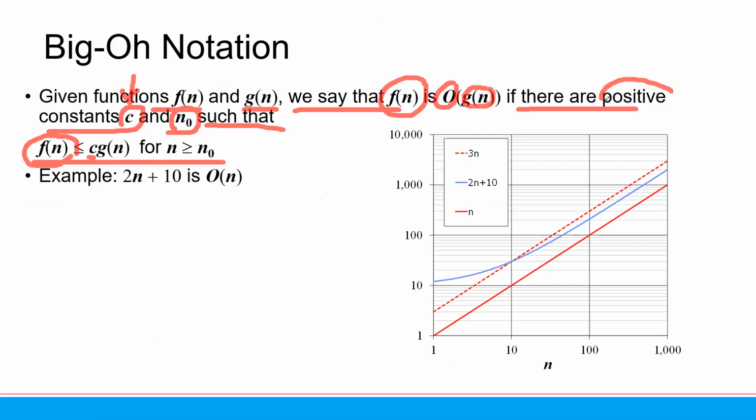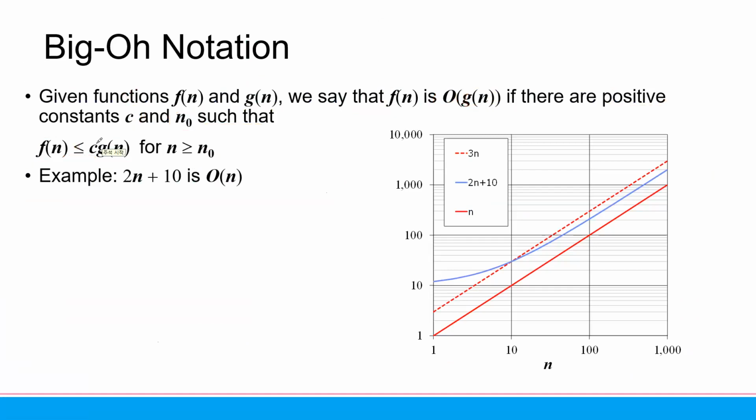Here the condition is a positive constant, not a negative constant. And this is for all n greater than or equal to n0. Again, n0 should be a positive constant.